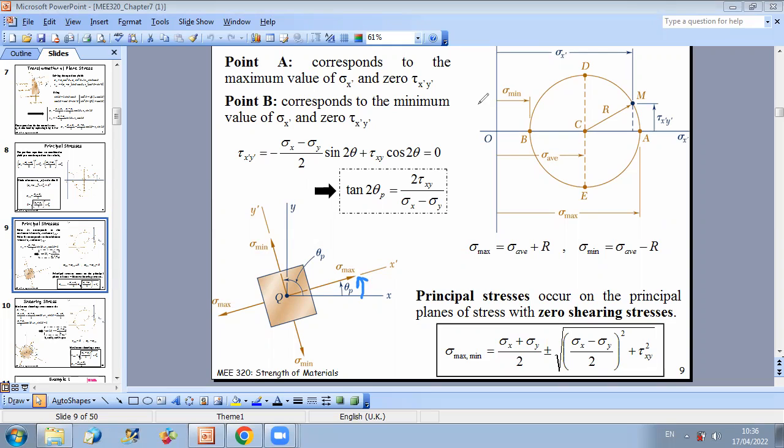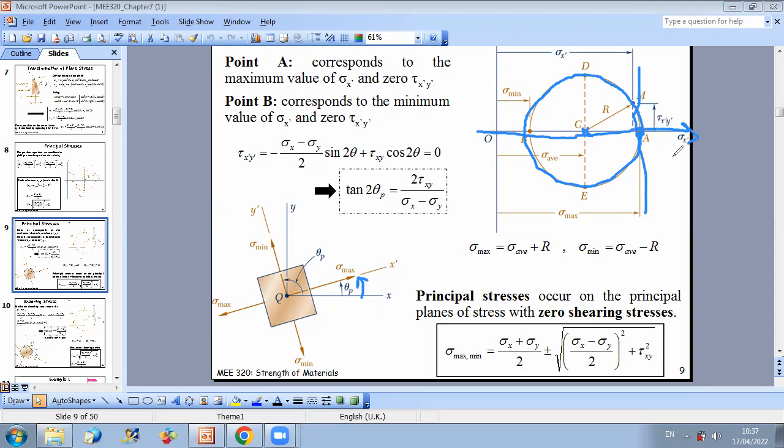So for example, if you want to determine the point corresponding to the maximum value of sigma x prime, if you draw the circle that we mentioned, where all states of stress can be plotted on a circle, it's clear that the maximum possible stress is at this level, and this point is located on the x-axis.